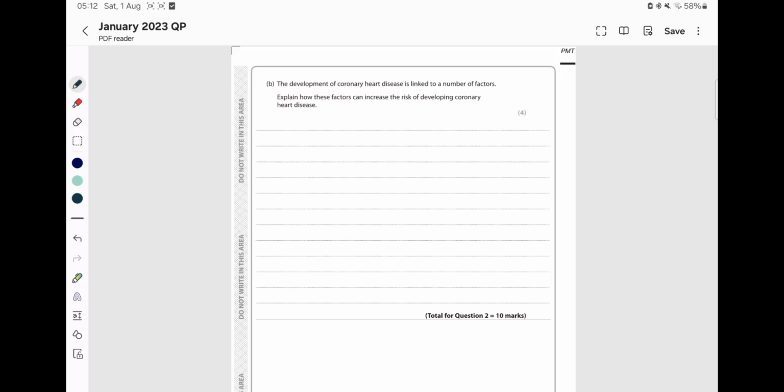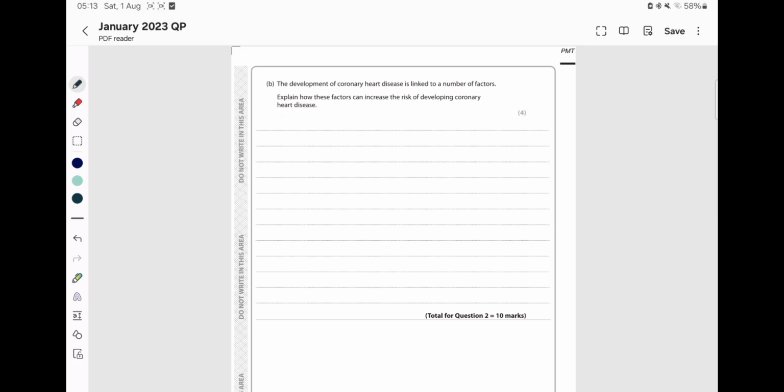We have stress, because as we all know, stress raises blood pressure. Also, obesity increases the strain on the heart. As well as if you consume a high fat diet, a lot of fats, a high cholesterol diet, which blocks the coronary artery walls.